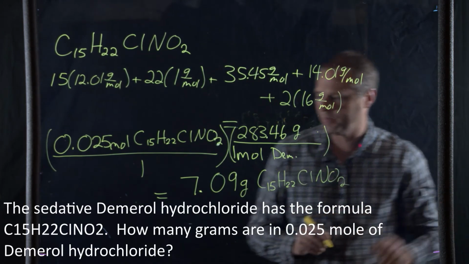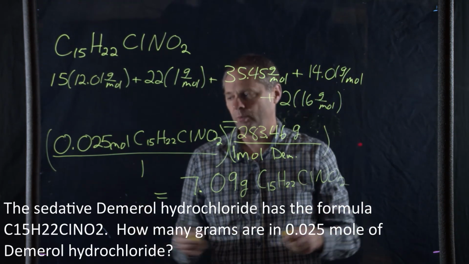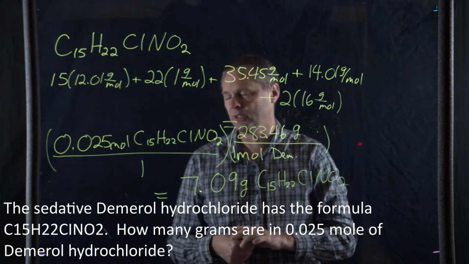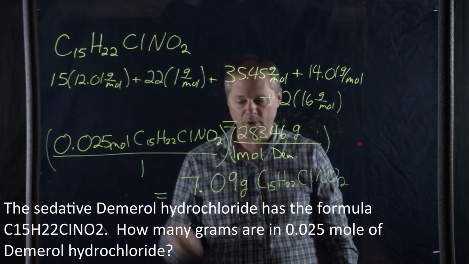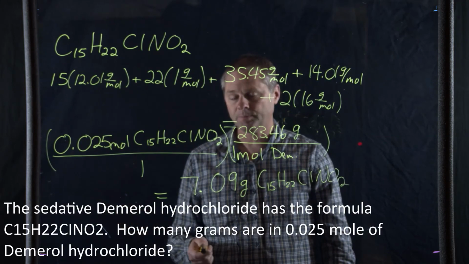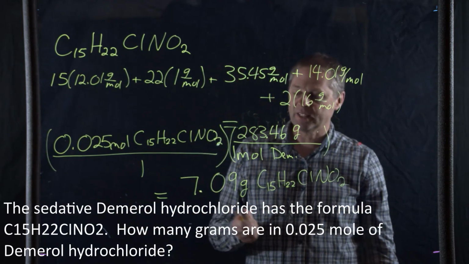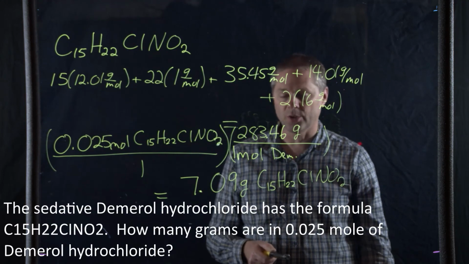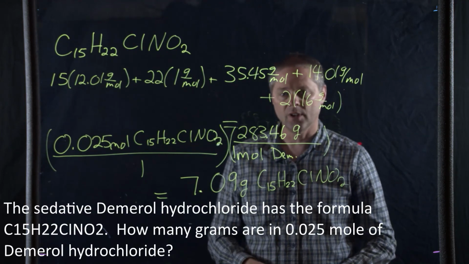All right. So if you are to give someone 0.025 moles of demerol, probably not going to ask the prescription of moles. You want to mass that out, it would be equal to 7.09 grams of demerol.